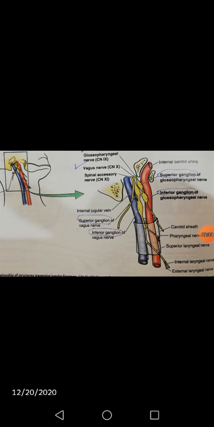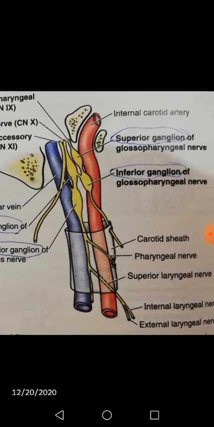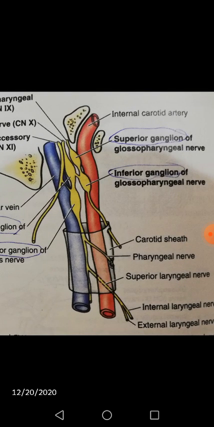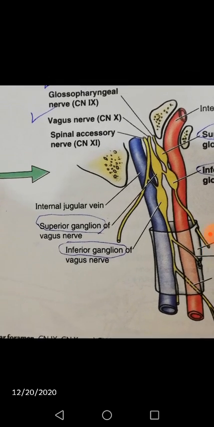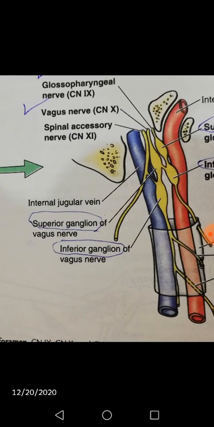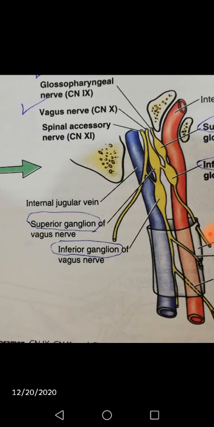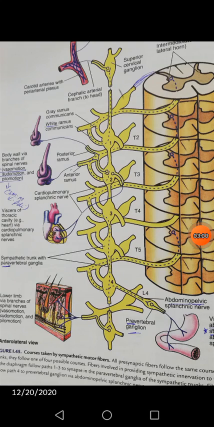Then coming towards the 9th and the 10th cranial nerves, if I can enlarge the view, you can see the glossopharyngeal nerve having 2 ganglia, the superior ganglion and the inferior ganglion. On the other side, you can see the vagus nerve and the ganglia along with it, the superior ganglion of the vagus nerve and the inferior ganglion of the vagus nerve.